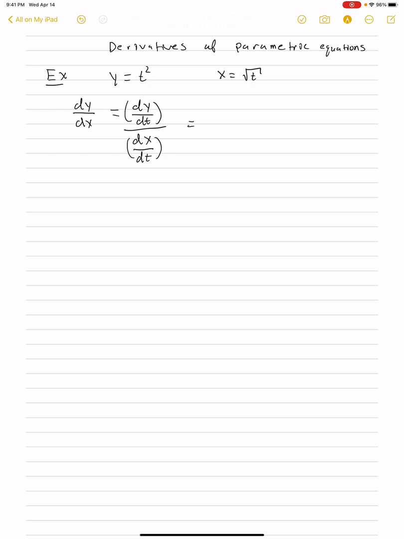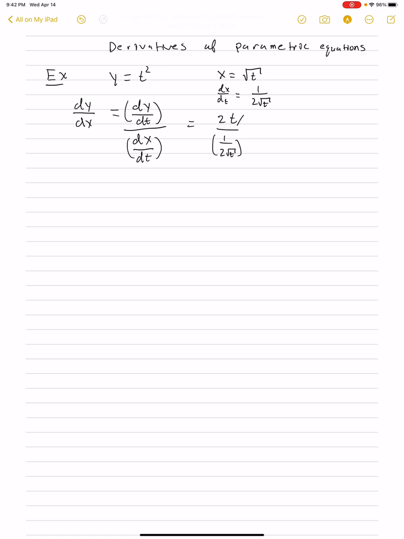I'm going to differentiate y with respect to t. That's going to be 2t, that's dy/dt. And then I'm going to differentiate x with respect to t. This is dx/dt, going to be 1 over 2 root t.